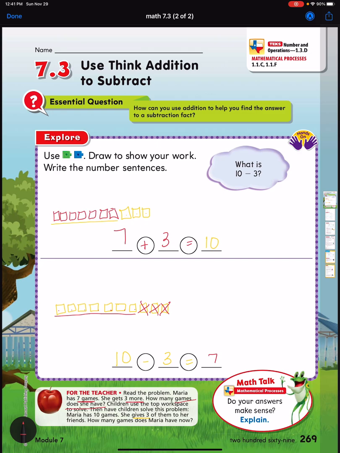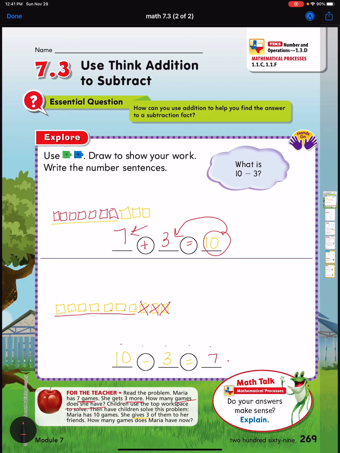Look how this relates to our addition problem we just had, using the same numbers. So our addition sentence up here could have helped us solve this subtraction sentence down there on the bottom workspace.